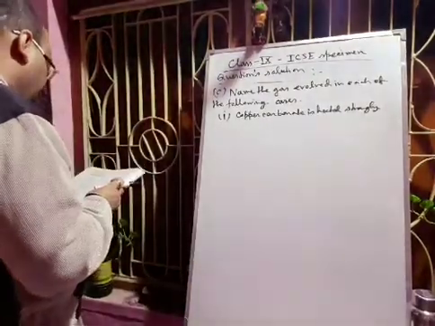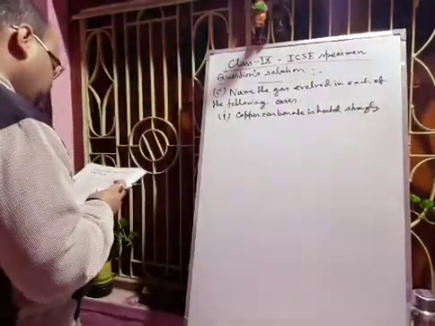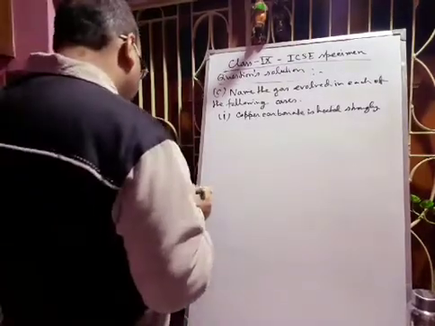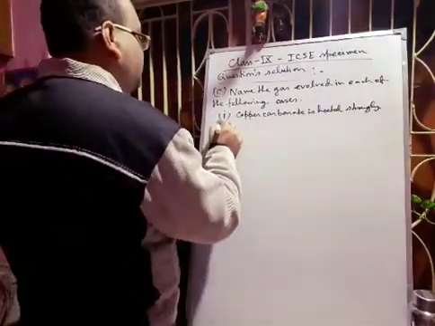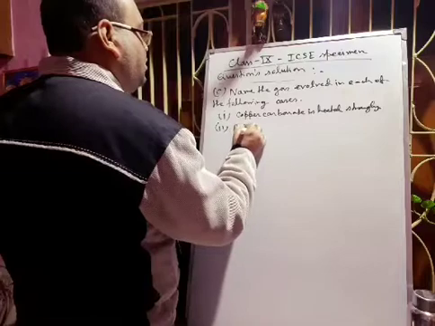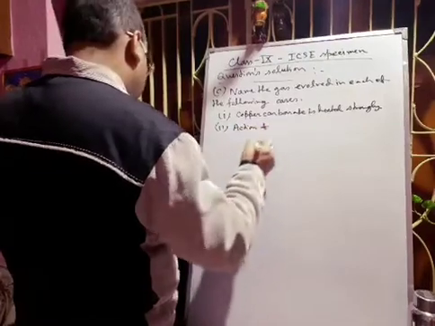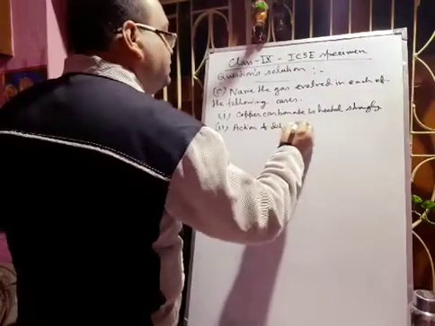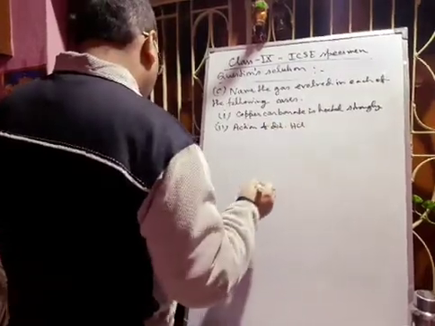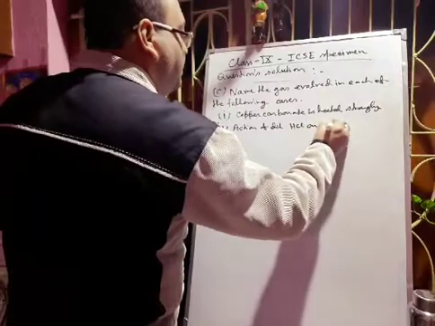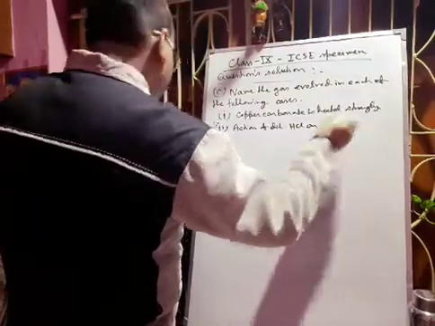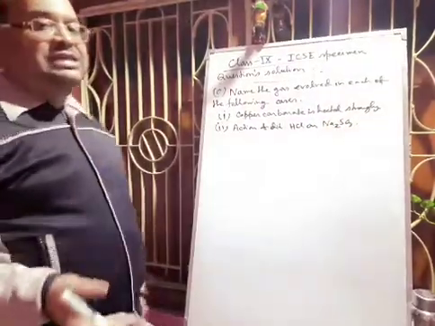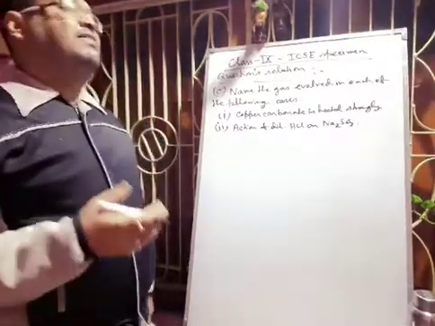So next question number 2 is given, action of dilute hydrochloric acid on sodium sulfide. Definitely whenever you will add dilute HCl, it will produce sulfur dioxide gas.